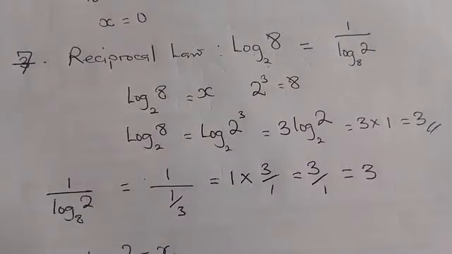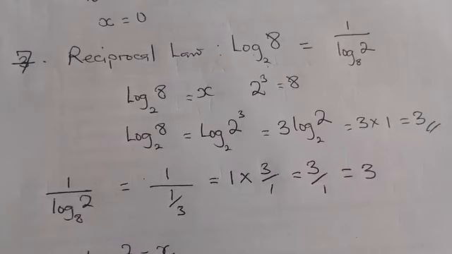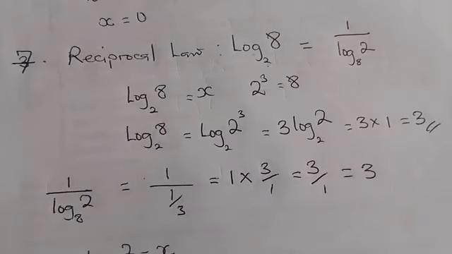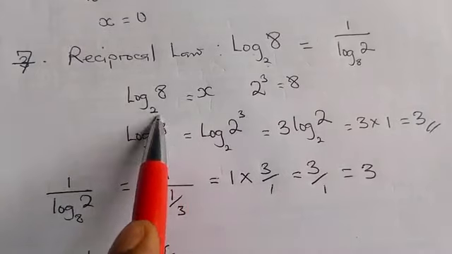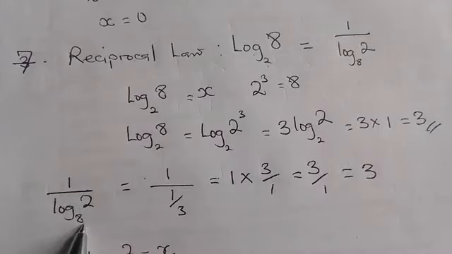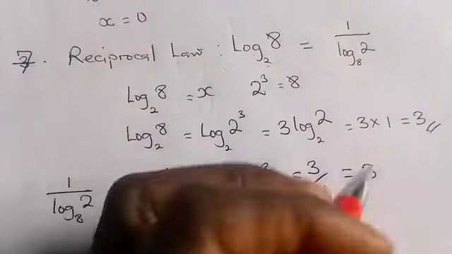So you can see that the reciprocal law holds for this, such that if you are asked to find the reciprocal of a logarithm, you should now exchange the position of the base and that of the number, and you discover from this proof that the result will be the same in each case. See that log 8 base 2 here is equal to 3, and 1 over log 2 to base 8 here is also equal to 3.